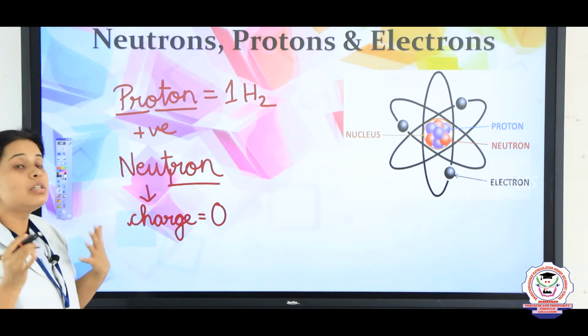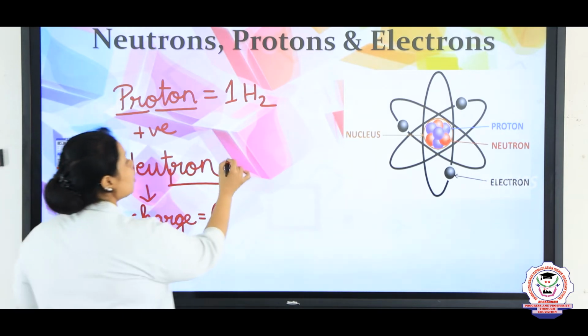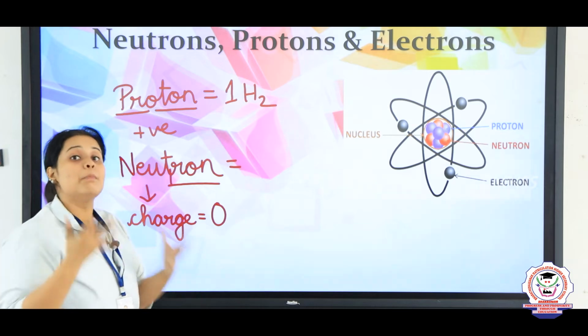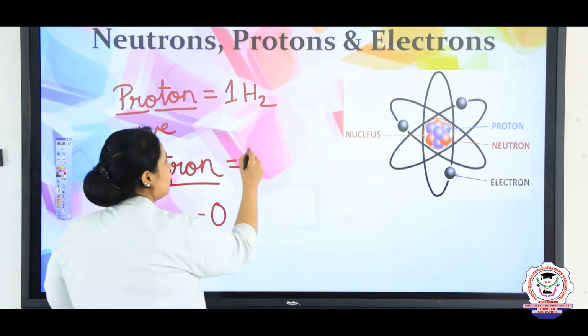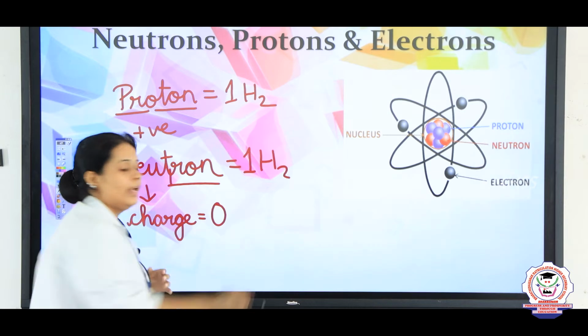It is a neutral charge. The mass of a neutron is again equal to the mass of a hydrogen atom.